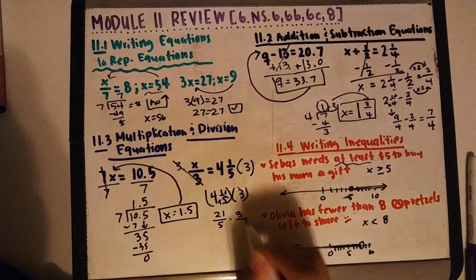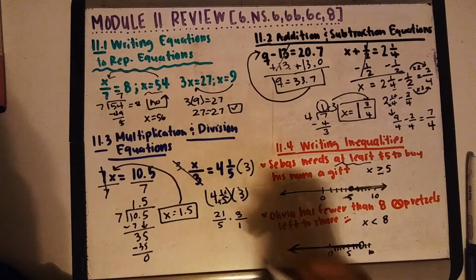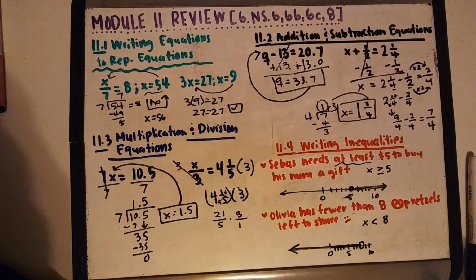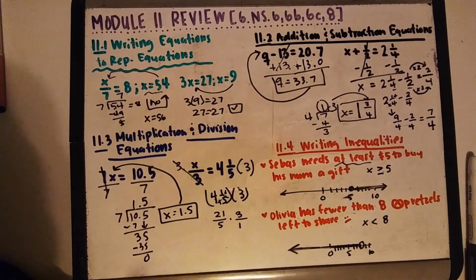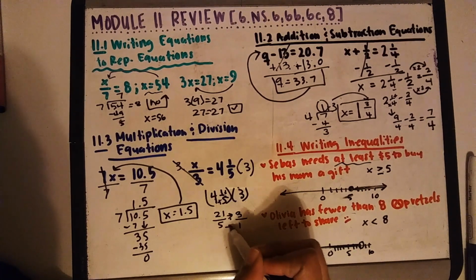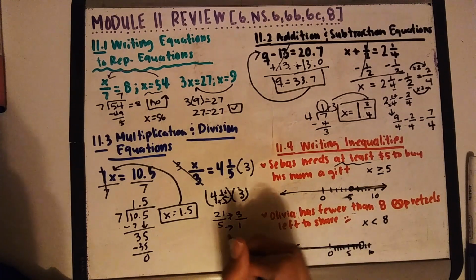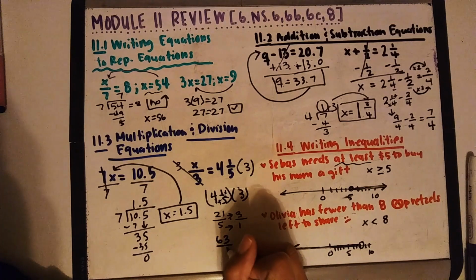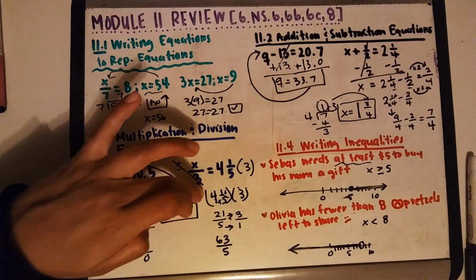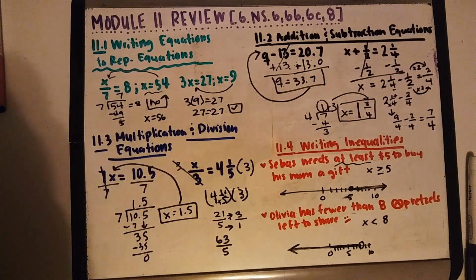And to multiply by a whole number, I put a 1 under it because it's just 3. 3 divided by 1 is 3. And then if there's anything to cross cancel, we'll do that. But there's nothing here, so I'm going to multiply straight across. So 21 times 3 is 63 divided by 5. See, I think the other way was easier, but I don't want to confuse any of you.